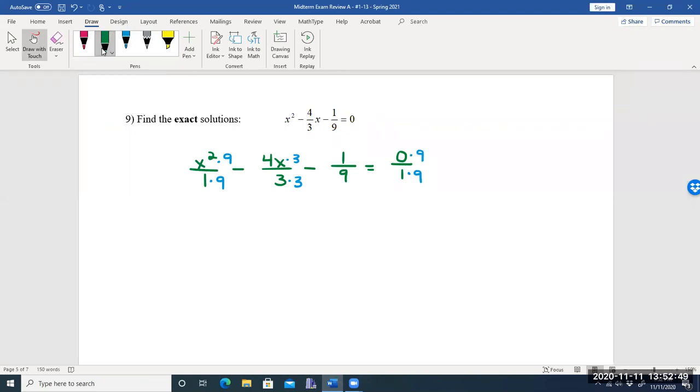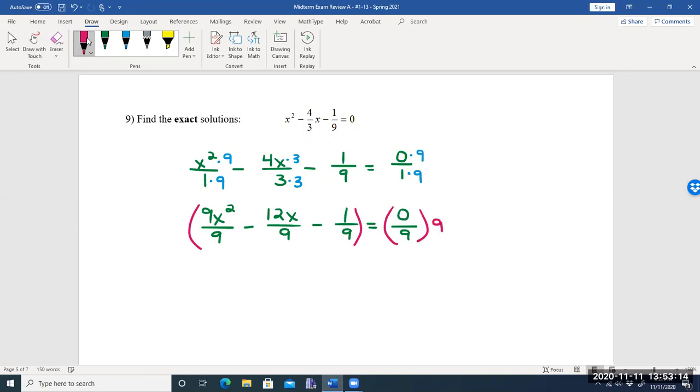So I could write this as 9x squared over 9 minus 12x over 9 minus 1 over 9 equals 0 over 9. And then I could multiply both sides of the equation by 9, and all my denominators will cancel. So only do that if you have an equation.